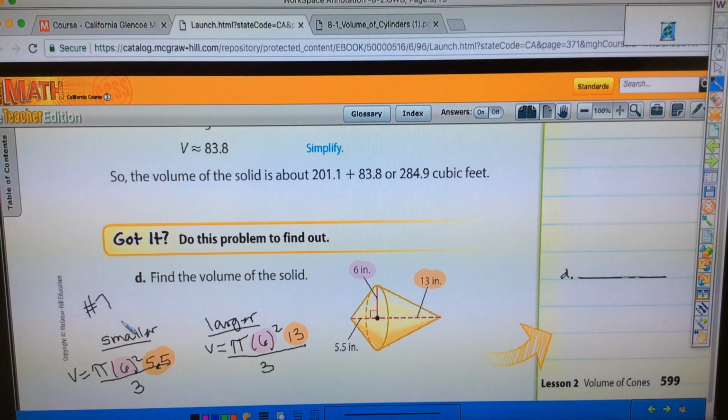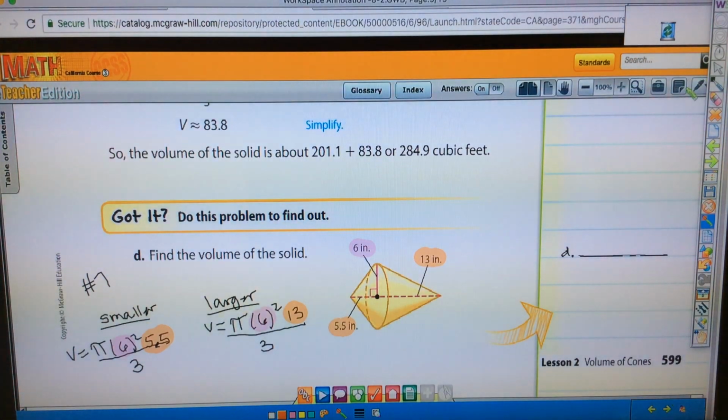So I just kind of made a list here. Smaller cone. Both of these cones have a radius of 6. The smaller cone has a height of 5.5. There you go. And the larger cone has a height of 13. So let me plug that in.